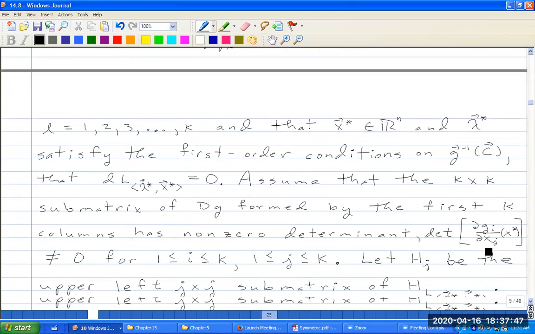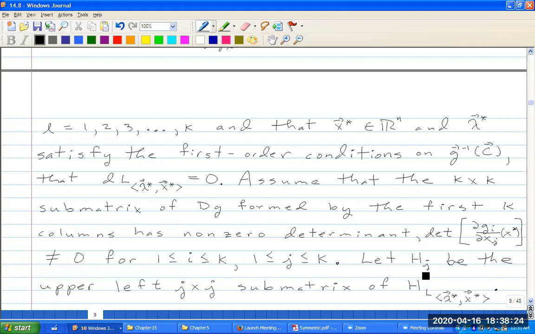And so this assumes that this determinant, the determinant of the matrix whose ith-jth entry is the partial of G sub i with respect to x sub j evaluated at this X star, that's a critical number for the Lagrange function, is not 0 for i between 1 and k, j between 1 and k.